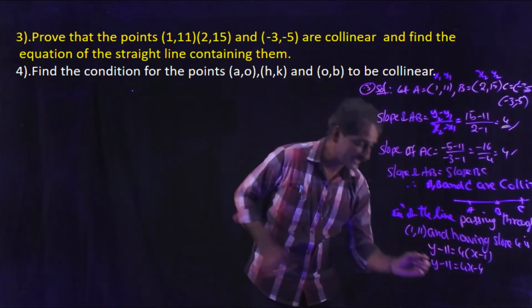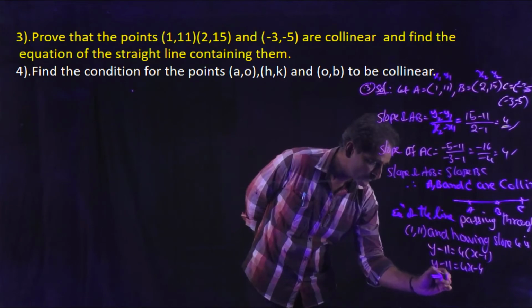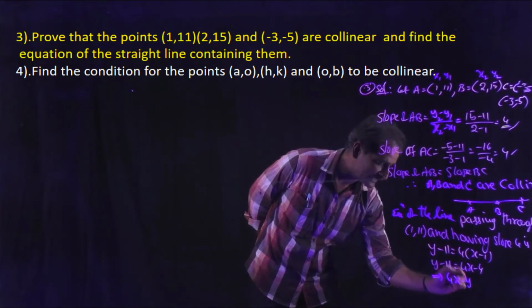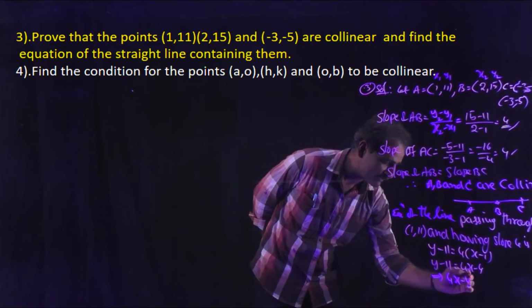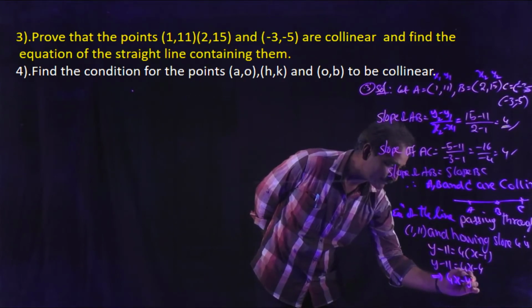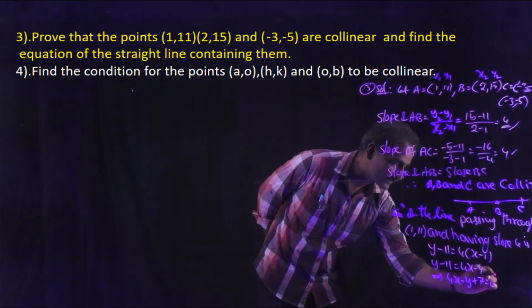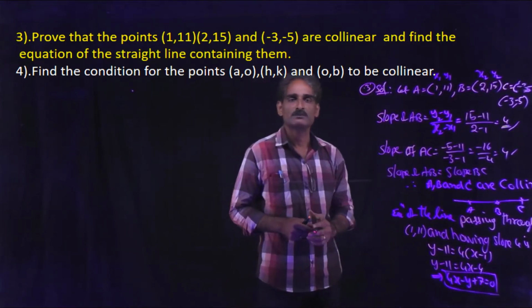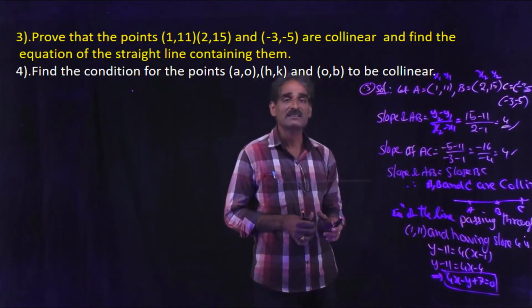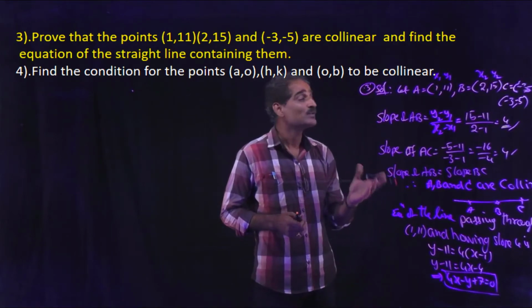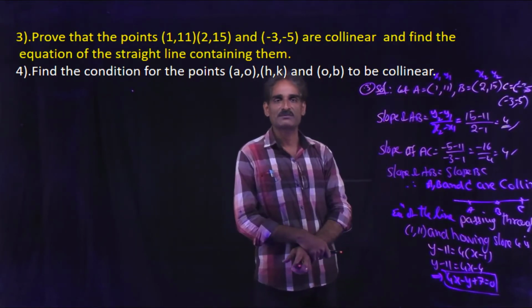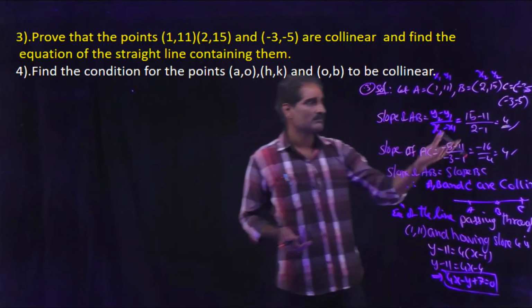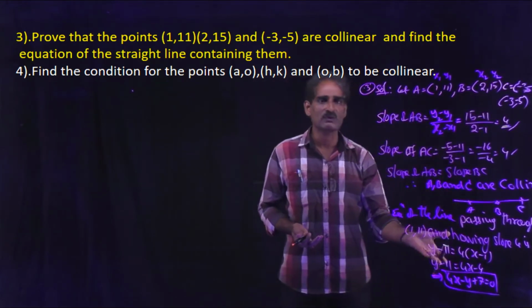This implies 4x minus y plus 11 minus 4, plus 7 equal to 0. This is the way how to find the equation of the line which contains 3 points. You can take any point in place of x and y and you will get the same equation.